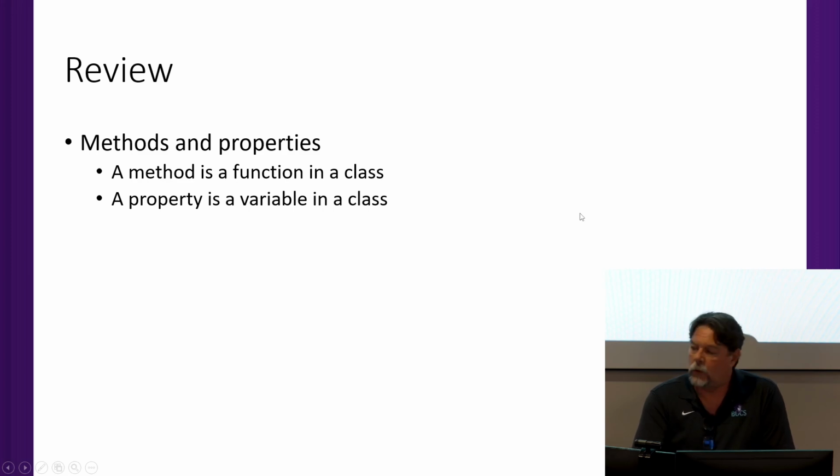So a little bit of a review from last week. Like I said, we talked about what methods and properties are on classes, a little bit of an overview on classes, and some examples. A method is just a function that we stick inside a class. A property is just a variable that we put inside a class. You're familiar with variables and functions from previous classes, so hopefully those aren't new.